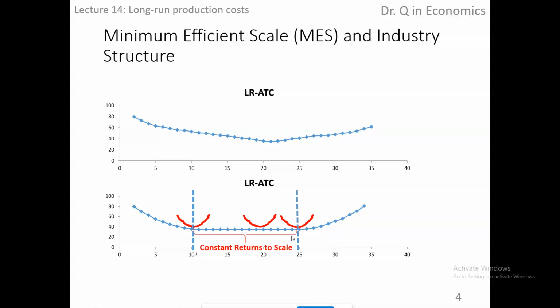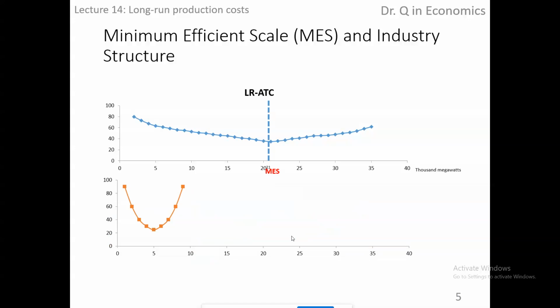But which is the minimum efficient scale? Minimum here is the smallest size that minimizes the average cost, that is 11. In this context, output 11 is the minimum efficient scale, not 25. 25 would be the biggest or maximum size that is efficient.